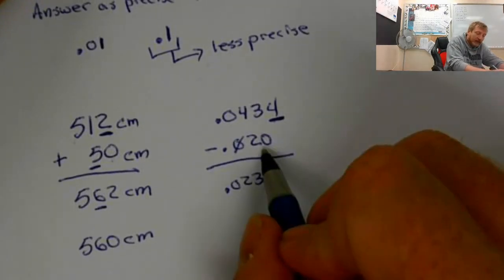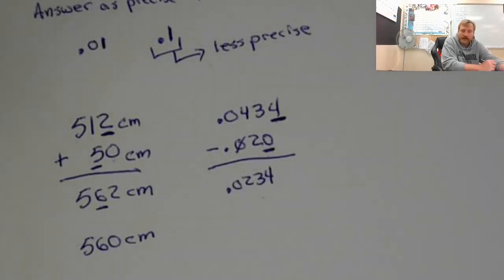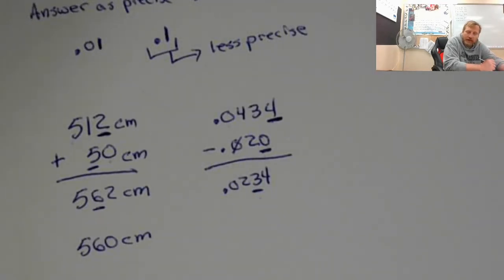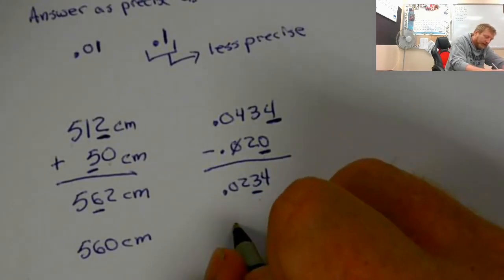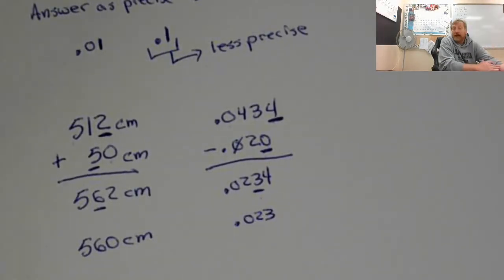The trailing one is. So we're significant down to 3 places past the decimal point, and therefore we have to round our answer to 3 places past the decimal point, and we would end up with 0.023. And that's it. Adding and subtracting with significant figures is just that easy.